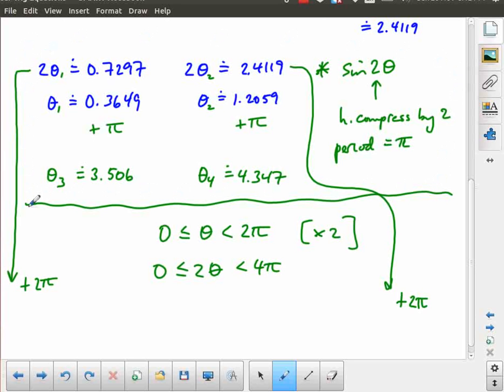I think most people should be pretty comfortable with transformations at this point. But I know that this is a way that has also been taught by me and by other teachers. But either is valid. The hard part is deciding, am I going to add pi to my final answer, or am I going to add 2 pi when I'm only partway through my algebra and then let the division take care of itself?